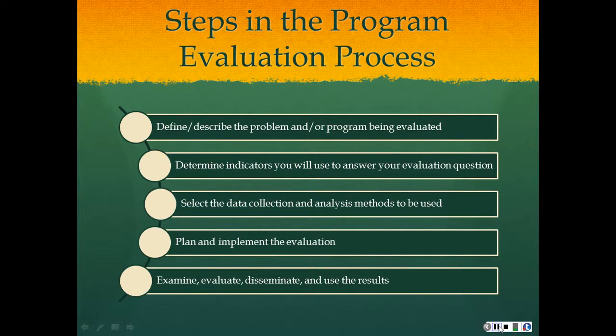Well, how will you collect the data to show that? Then you're going to plan and implement the evaluation, and then examine, evaluate, disseminate, and use the results. So we're going to go over each of these aspects one by one. And this is what you'll be doing when you're developing your program evaluation plan. You'll at least be doing the first 3.5 of these.